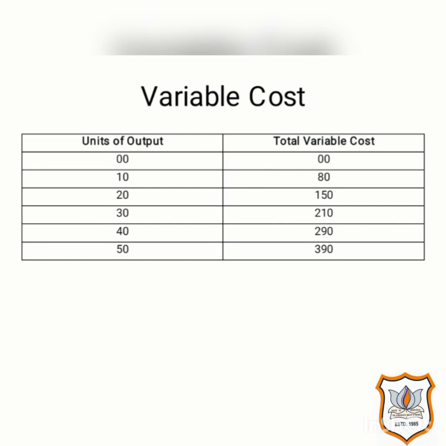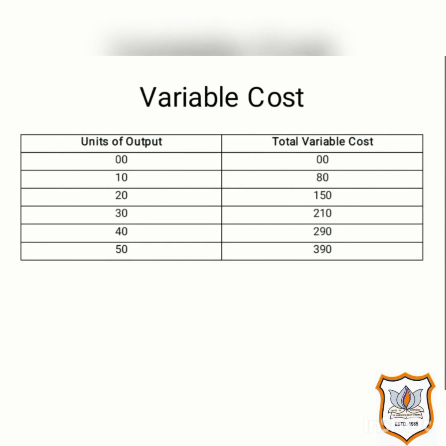That means variable cost has increased by rupees 60. That means here variable cost is no doubt increasing, but it is increasing at a diminishing rate because increasing returns to scale is applicable. Similarly, after 30 units, decreasing returns to scale is applicable, and due to that variable cost is increasing at an increasing rate.